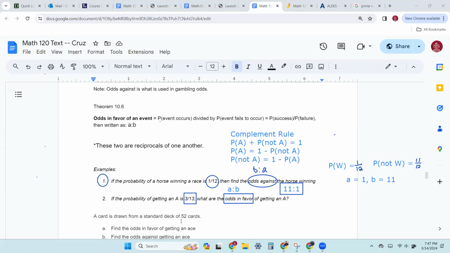All right. So now we have to do the same thing we did over here with our probabilities. We have to find the probability of not getting an A. So the probability of an A is 3/13.